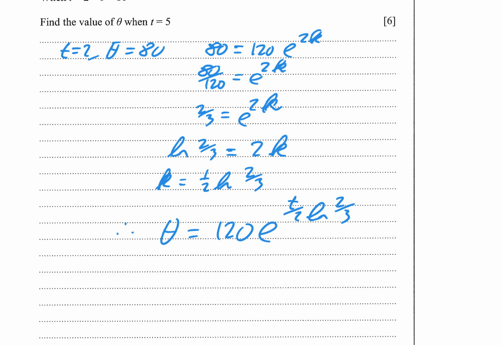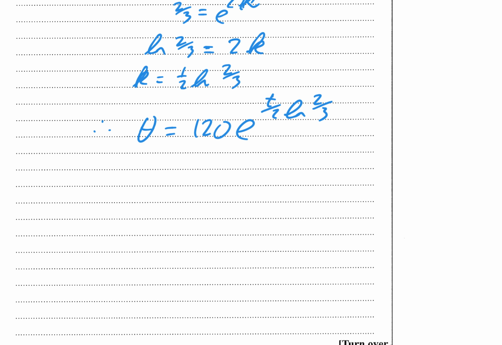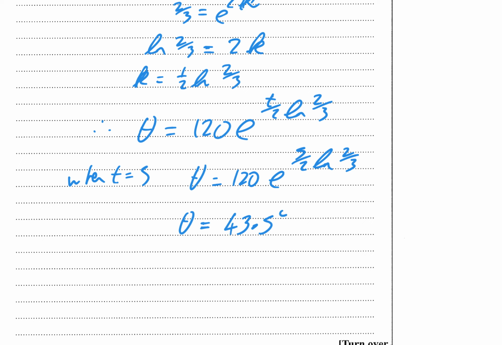We're just going to put in our value of t. When t equals 5, theta is equal to 120 e to the 5 over 2 times ln of 2 over 3. If you do that, hopefully I've done that correctly, I got 43.5 degrees C, to 3 sig figs.